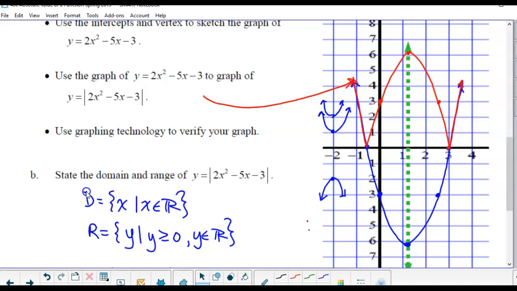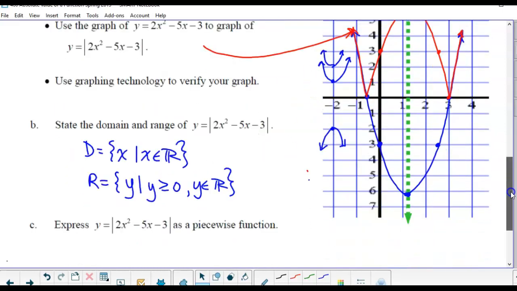So our range would be y greater than or equal to 2. So it's only greater than or equal to 0 if the original crosses the x-axis. Which most of them do that we are doing, but certainly not everything.